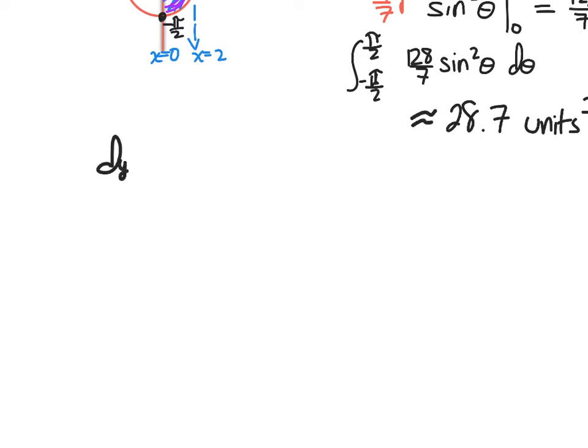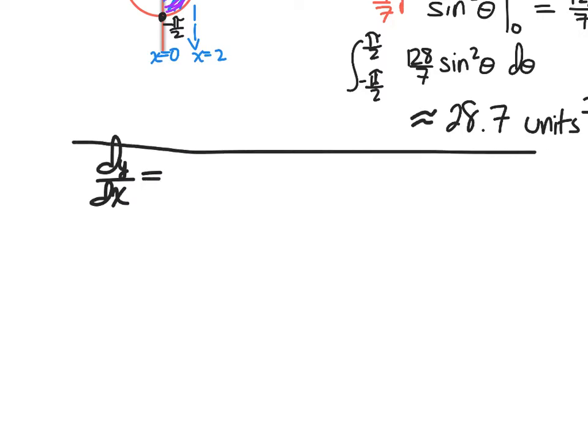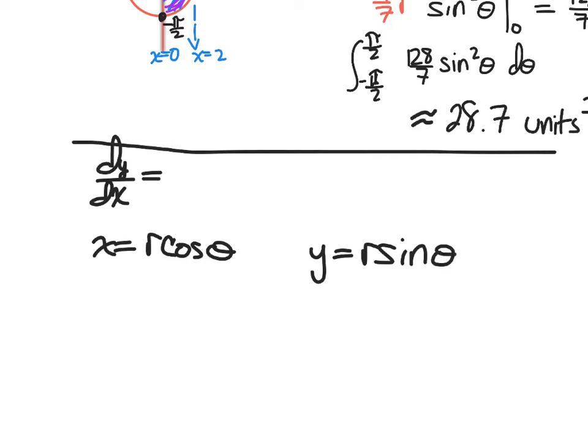All right, so dy dx is what I'm going to be looking for here. But let me go back to the roots here. So x is equal to r cosine theta, and y is equal to r sine theta. I eventually need dy times dx, so that's something different, but you got to start somewhere, so this is where we're going to start.